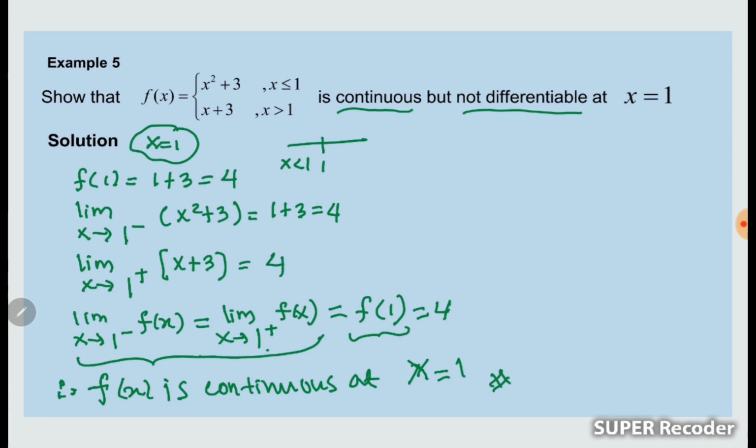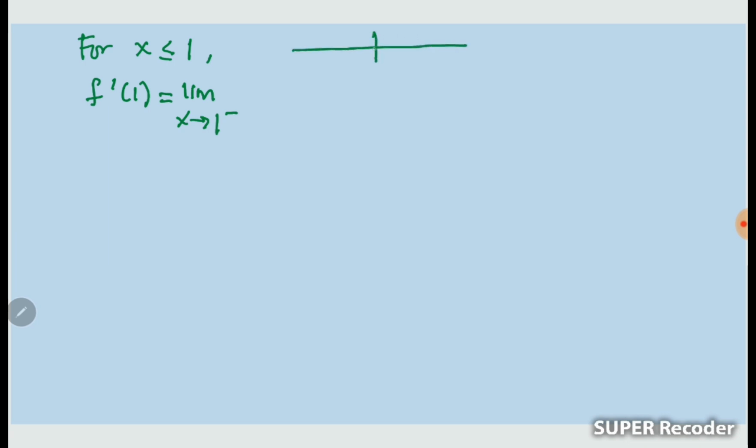Okay, now we are going to show that f(x) is not differentiable at x equal to 1. So we divide into two parts. The first part is for x less than or equal to 1. We will see that f prime 1 is equal to the limit when x approaching 1 from the left. So we draw the line here.